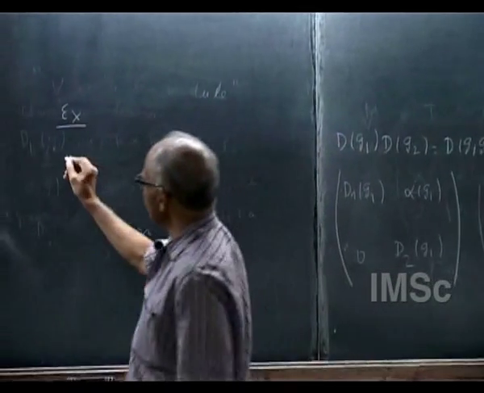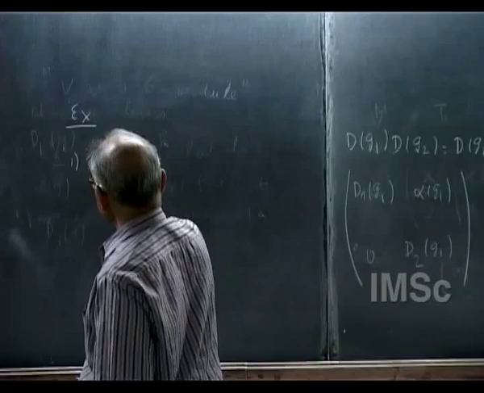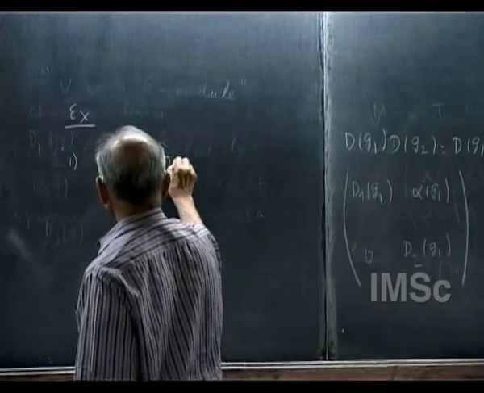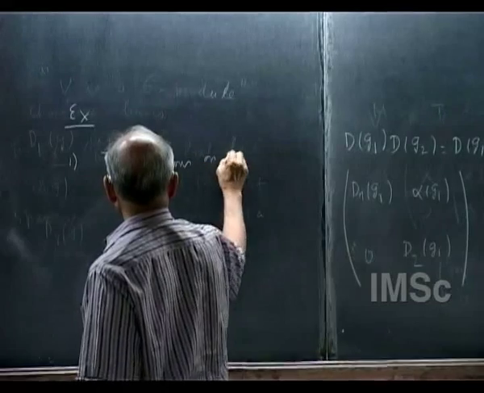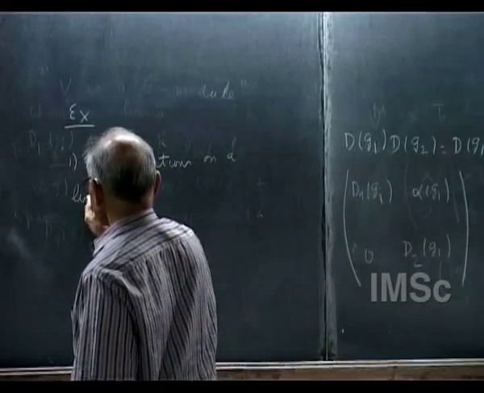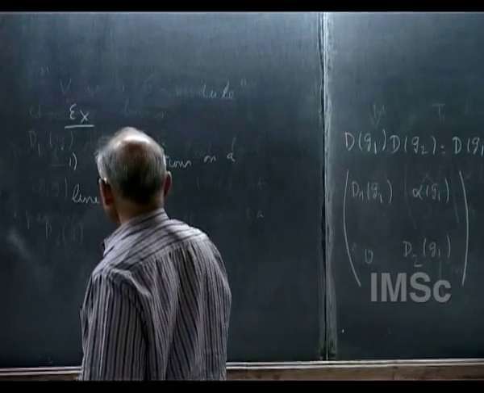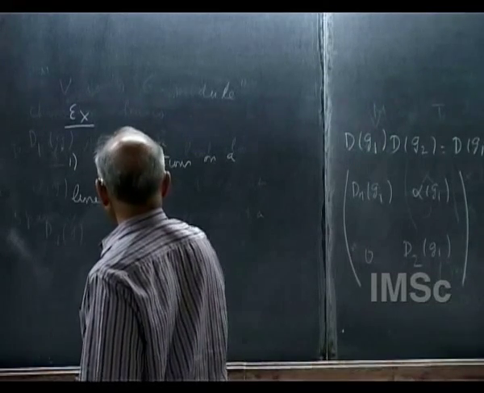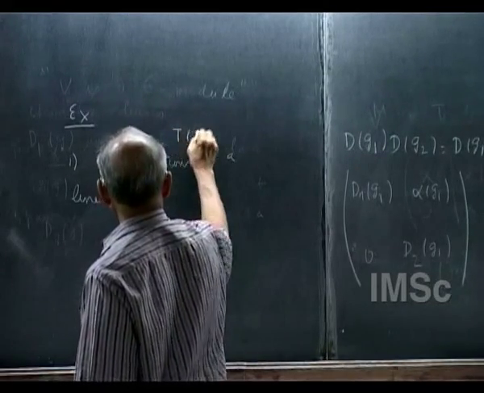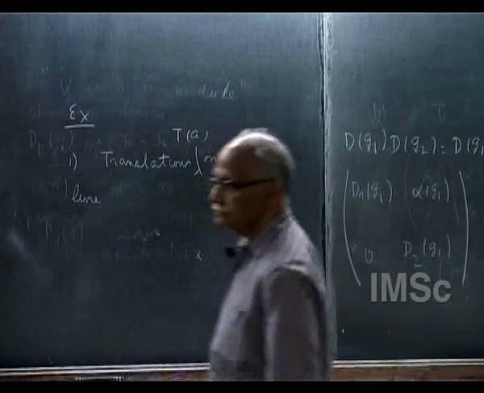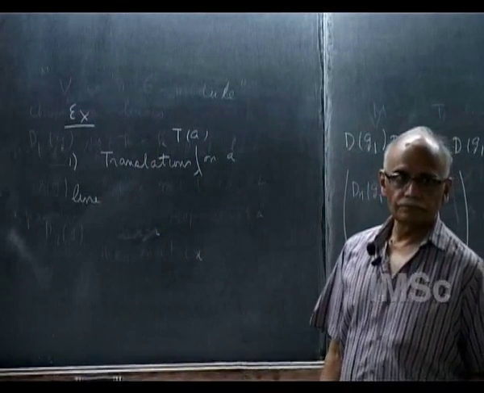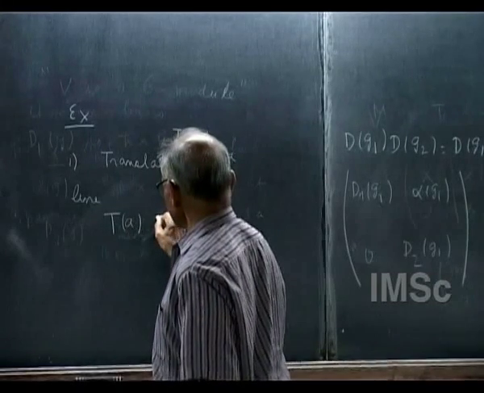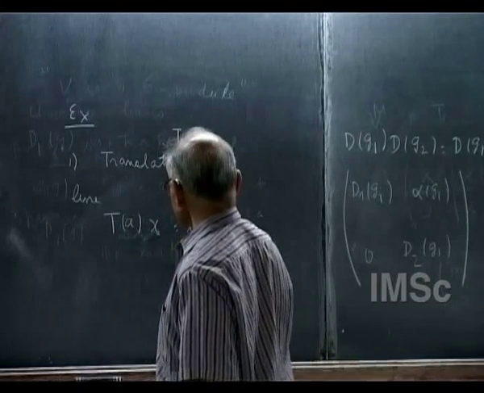First example is something we studied, translations on a line. The group law is addition. Translations, let me call it T_a. So, T_a acts on a real line x as x plus a.